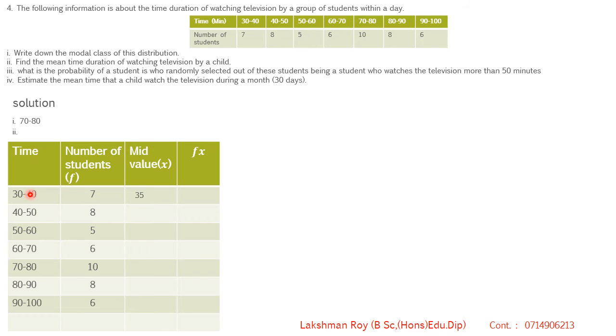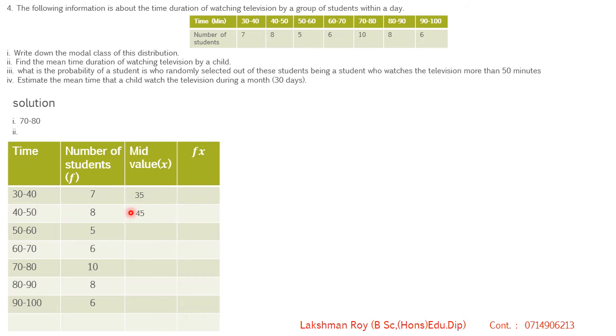That is the method to find the mid value. If you go to the class interval 40 to 50, 40 plus 50 is 90, divided by 2 is 45. So that is the method.